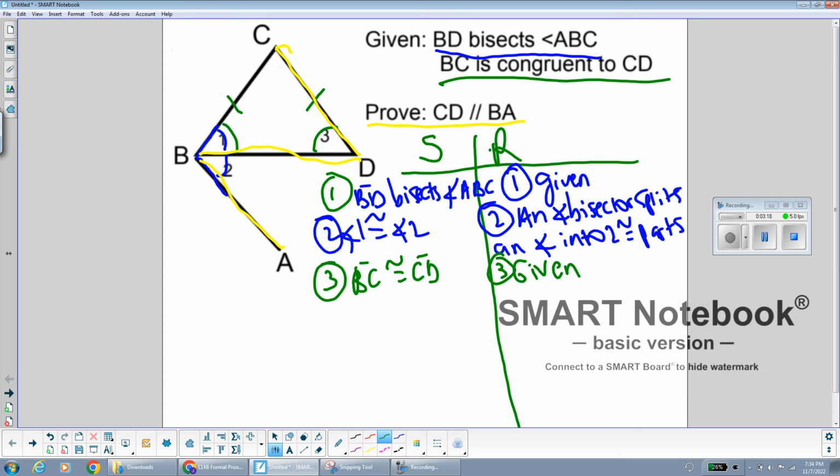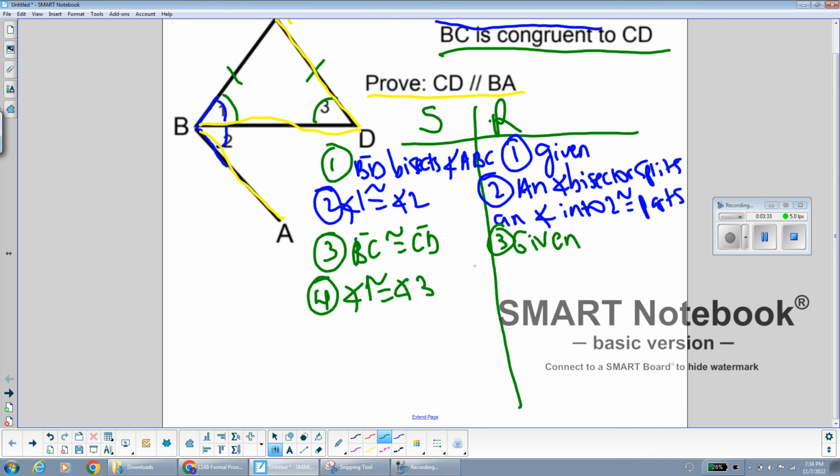And we said that if this triangle has two equal sides, if it's isosceles, that means it has to have two equal angles. So from there, we concluded that angle 1 was congruent to angle 3. And I'm going to put a reason down for that.